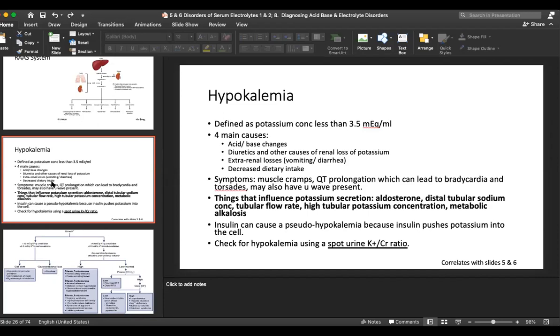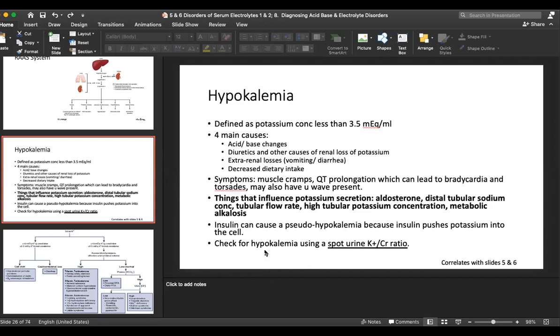Things that affect it: aldosterone, distal tubular sodium concentration. So our sodium concentration can change our potassium as well. Our tubular flow rate, high tubular potassium concentrations, and then metabolic alkalosis.